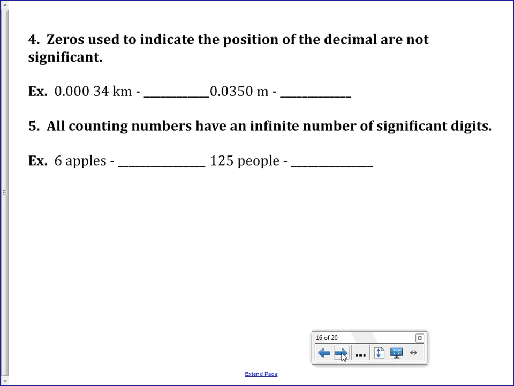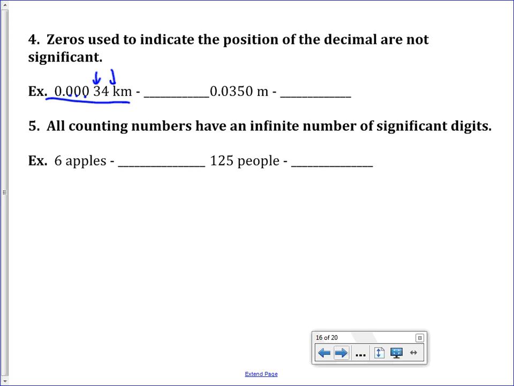Now, rule number 4 for determining significant figures is that zeros used to indicate the position of the decimal are not significant. So in the following example of 0.00034 kilometers, when we're determining significant figures, note that these zeros are to the right of that decimal place, but they are in front of those non-zero numbers.